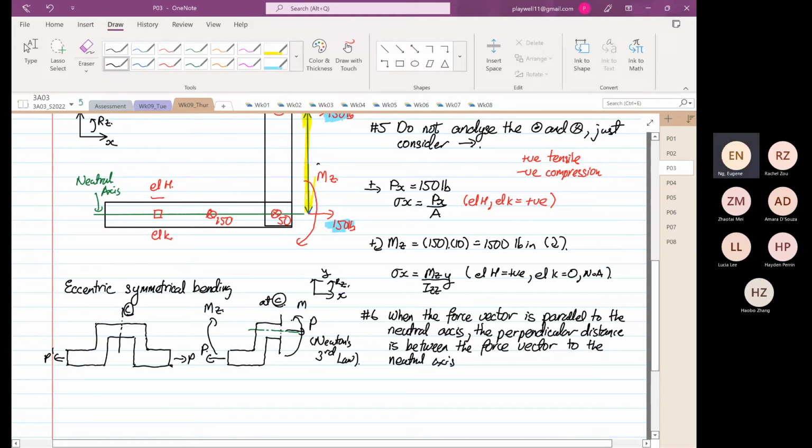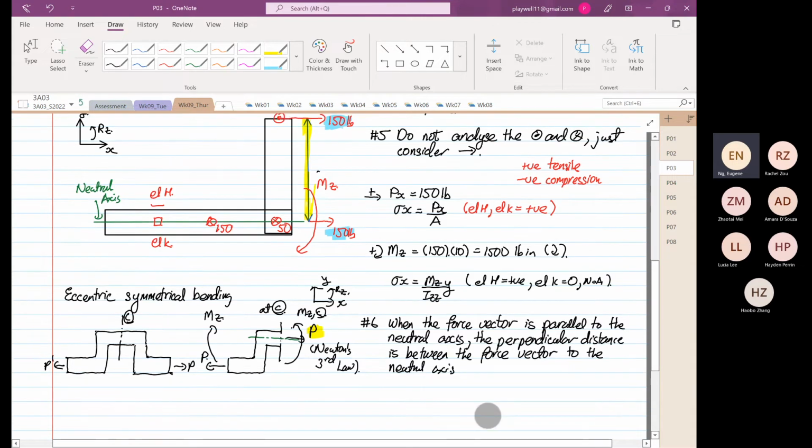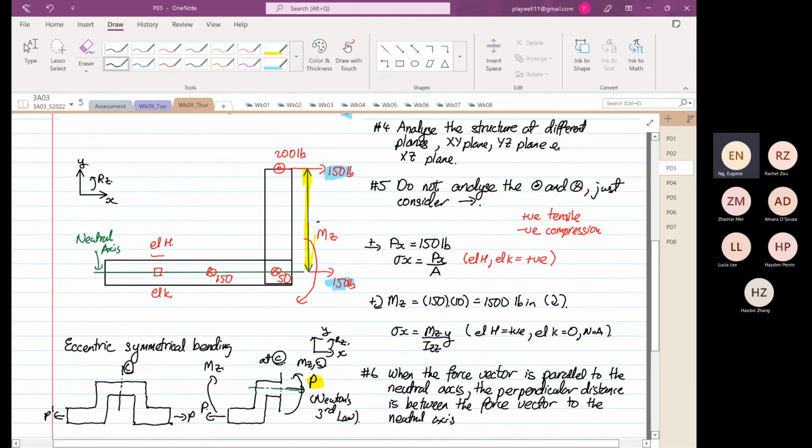So this is moment Z at point C. More important, I want to elaborate there's an axial load. We have seen this before, so that's why we have to put the 150 as axial load relative to elements H and K.